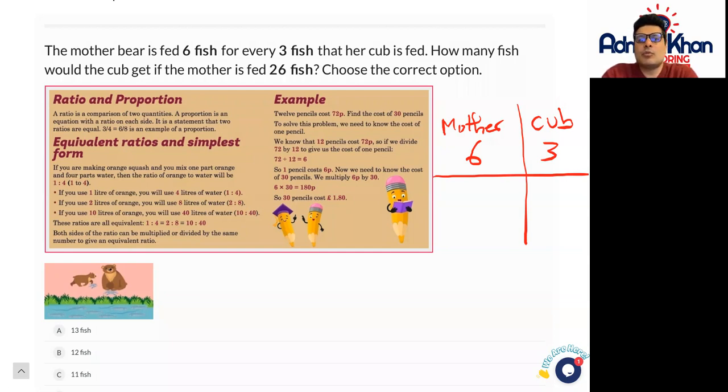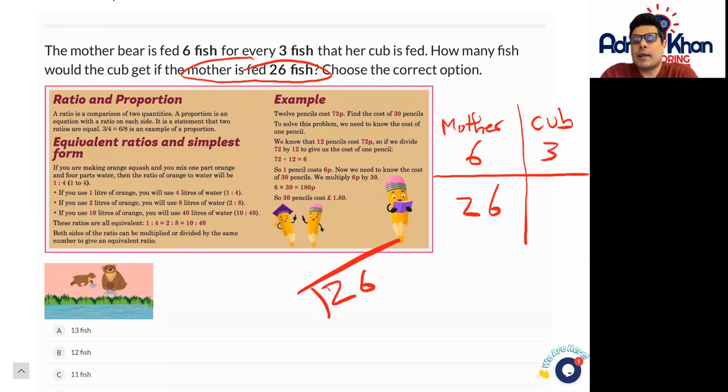So how many fish would the cub get if the mother is fed 26 fish in total? So now we know that the mother eats 6 fish and the cub has 3. So the cub will have half of what the mother has. So all we need to do now is work out what 26 divided by 2 is.